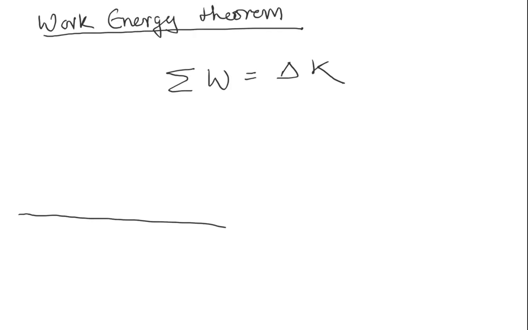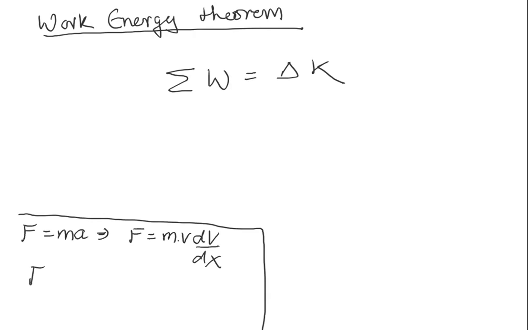I can give you a very crude proof of this. F is equal to ma. This means that F is equal to m into v dv by dx. One minute. So F dx is equal to mv dv.